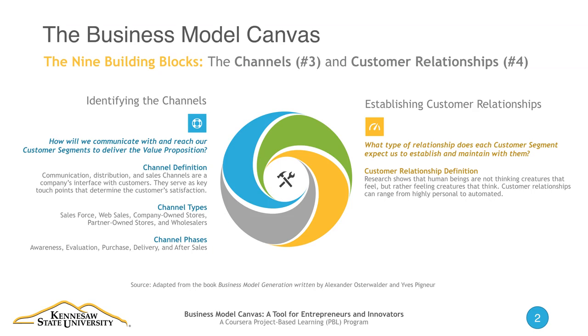Categories typically include personal assistants, dedicated personal assistants, which happens a lot in the business-to-business marketplace, self-service, automated services, and at the ultimate level, the co-creation of products and services with your customers.